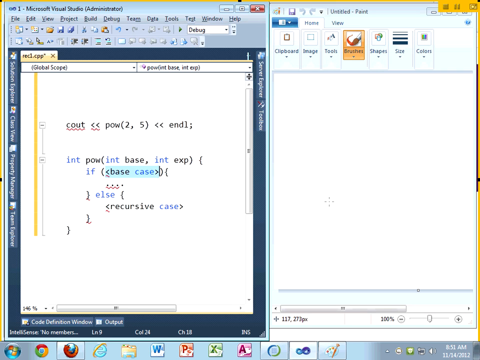So our base case was if exponent is equal to 0, and if exponent is equal to 0, what do we want to do? Return 1. Okay? Let me look at my notes and see if I forgot to say anything.